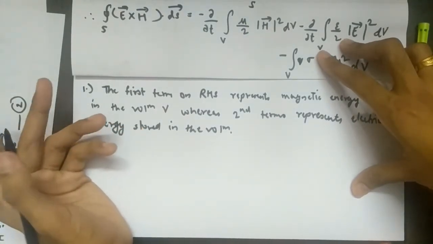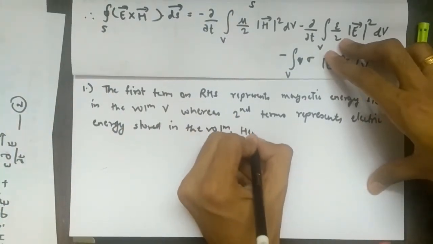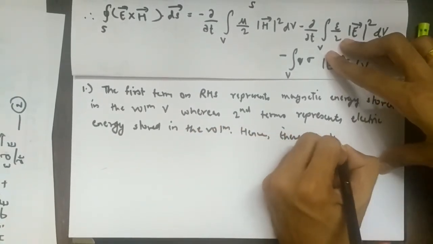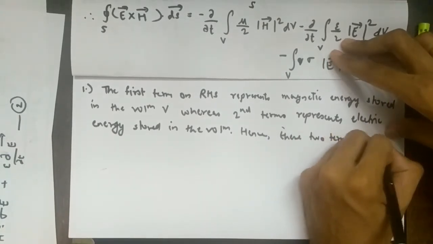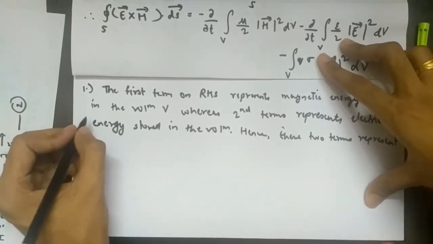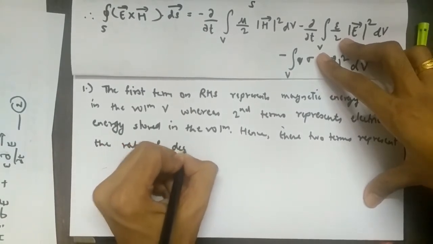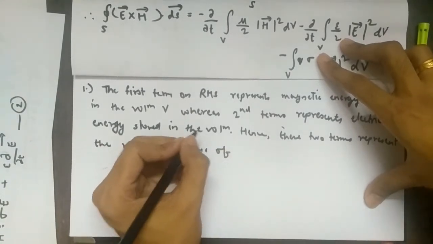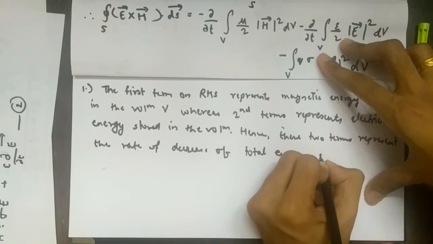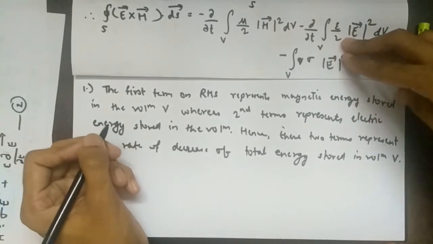So there are two forms of energy, electric energy and magnetic energy. Hence these two terms together represent the rate of decrease of total energy stored in volume V. Why do we say the rate of?